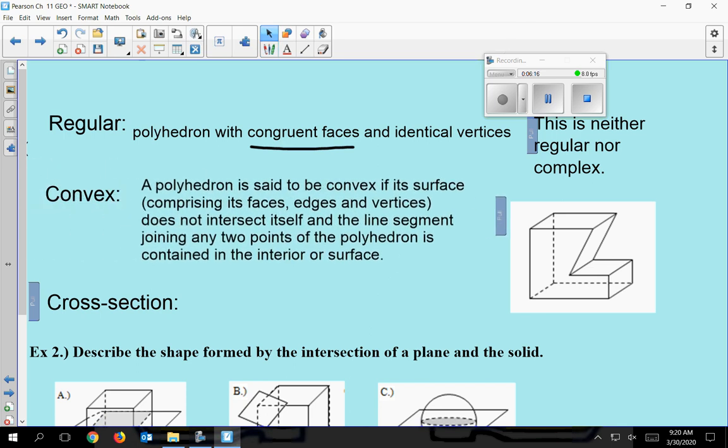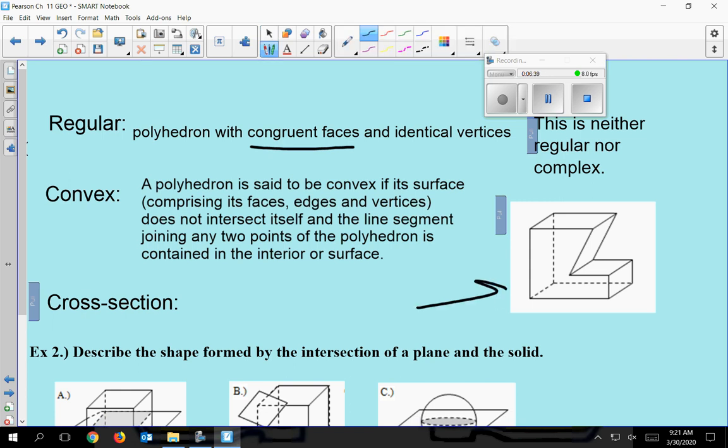Big old definition here: a polyhedron is said to be convex if its surface does not intersect itself and the line segment joining any 2 points of the polyhedron is contained in the interior of the surface. So they give you an example here of what's convex. It's this ugly looking thing over there.